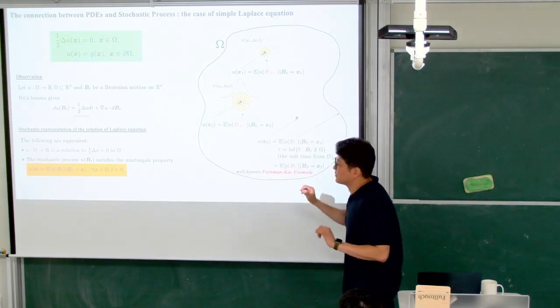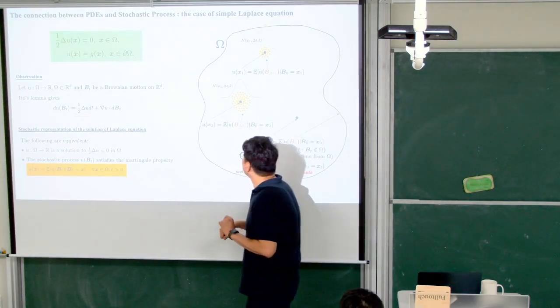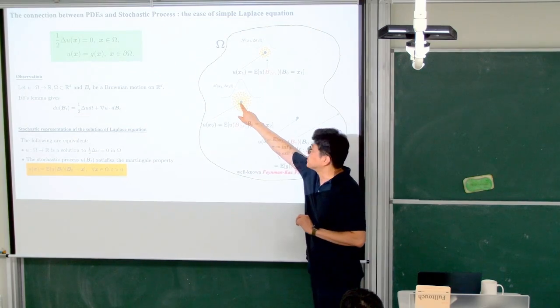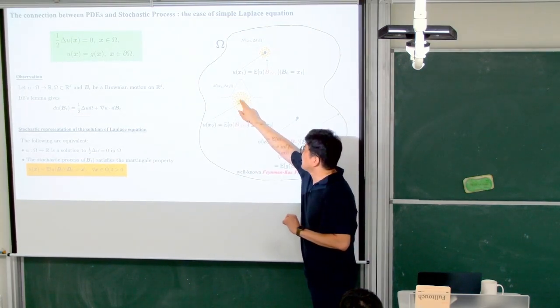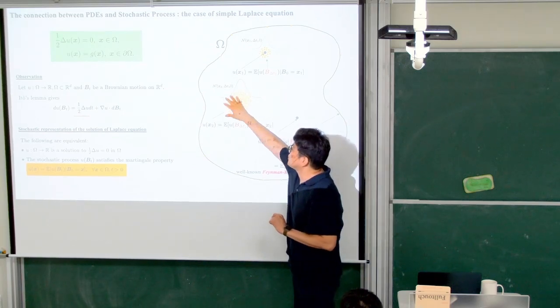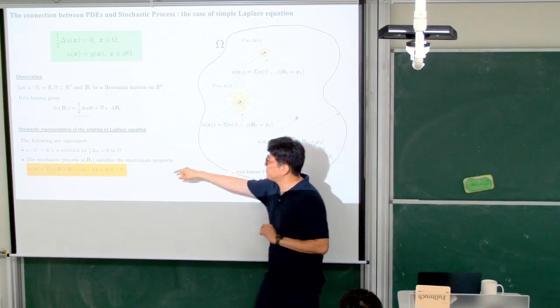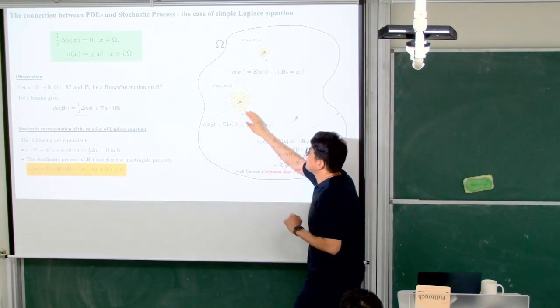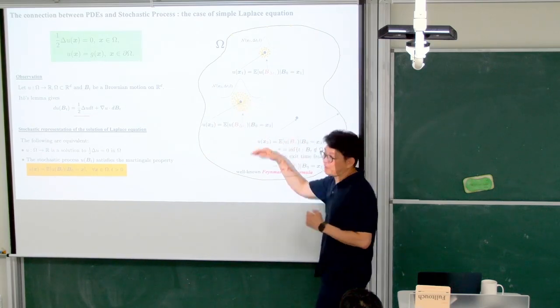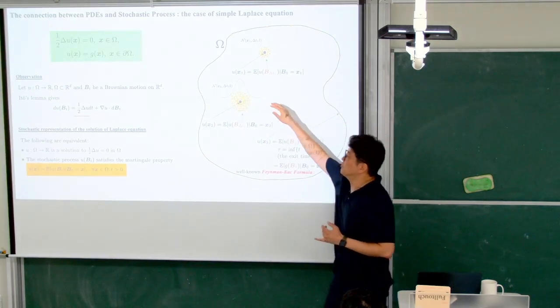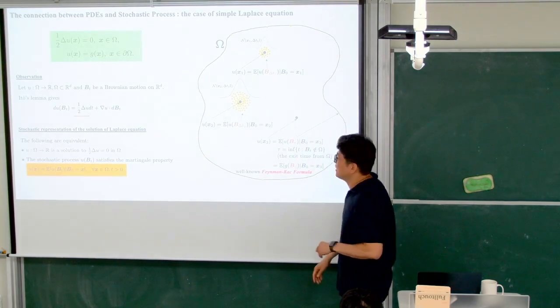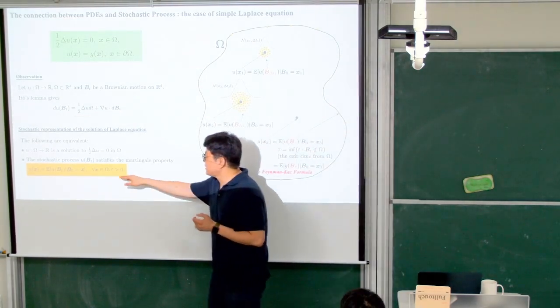The meaning of this representation is that first you choose any point in the domain, the black dot. The solution at the black dot is nothing but the averaging of u over the location of the Brownian motion at time t. The distribution of V_t is, by definition of Brownian motion, a normal distribution. And as I said, you can choose any time t.